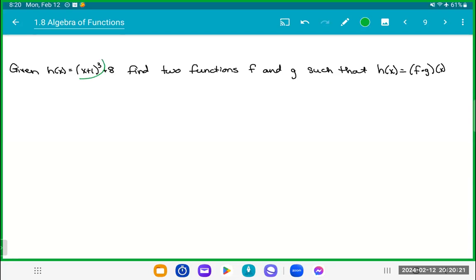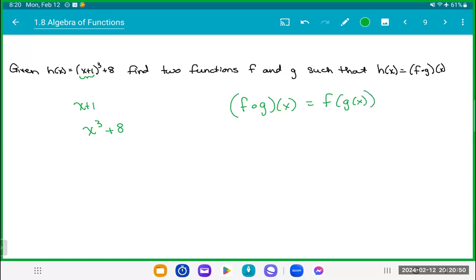So if we focus in on this piece right here, that looks like this could be substituted in for something, right? So we have this x plus 1 substituted in. If that's substituted in for x, then the rest of it could be x cubed plus 8, right? And so again, we're looking at f of g of x.